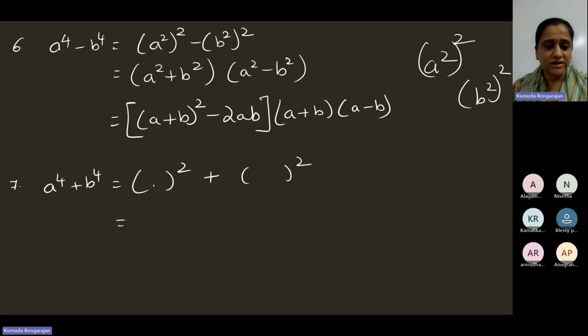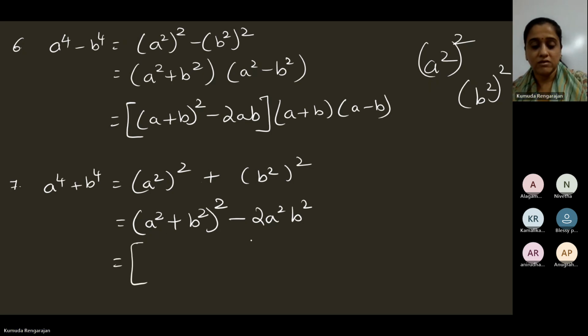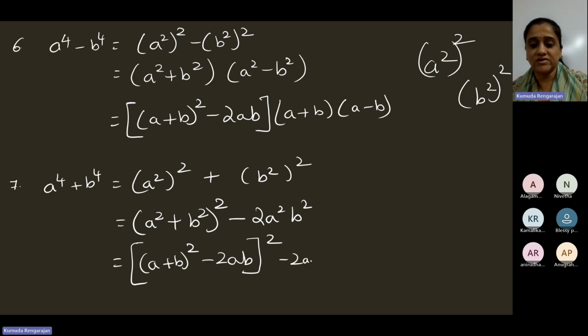So what you write inside: this is your a square plus this is your b square. So this is (a plus b) the whole square, this is your a, this is your b, whole square minus 2 a square b square. Now what is this a square plus b square? (a plus b) the whole square minus 2ab, minus 2a square b square.